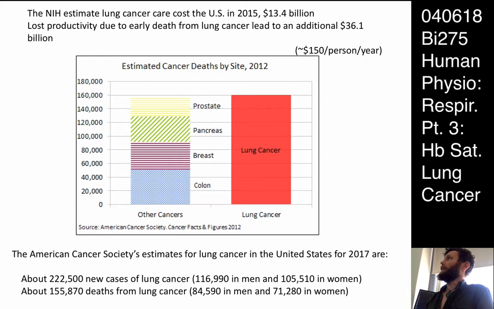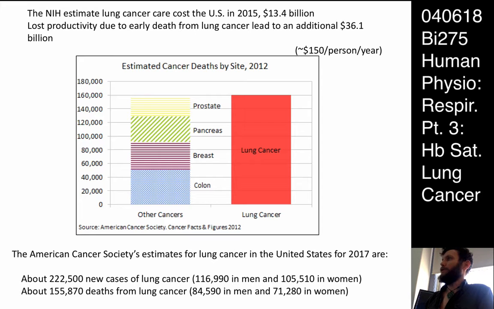And lung cancer kills as many people a year as the next 4 cancers combined. So that's colon, breast, pancreatic, and prostate cancer. All of them are dwarfed by an entirely preventable, or at least a 90% preventable disease. 90% of this problem is because of cigarettes.